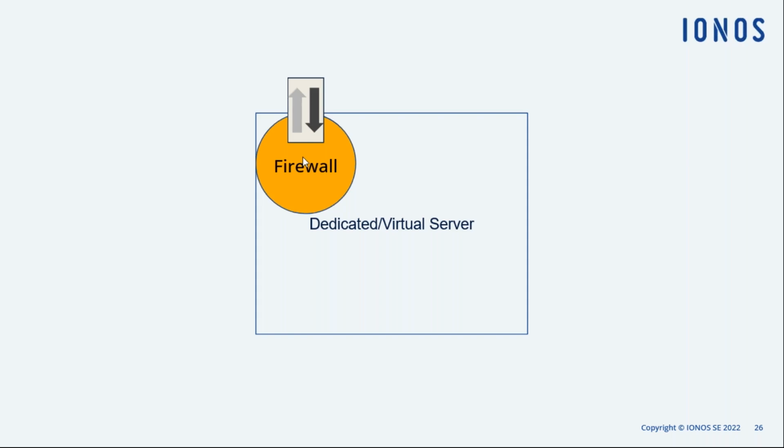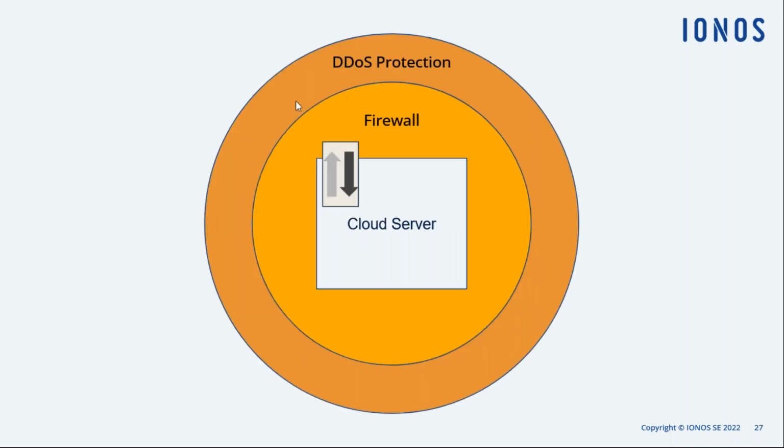From that point of view, you're still vulnerable to lots of attacks that can get into your system, because your virtual and dedicated servers will have to deal, in terms of CPU, memory, disk and bandwidth, with this type of attack. When you instead come into a cloud service with IONOS, DDoS protection and firewall are outside, and they're protecting your cloud service from the infrastructure point of view.